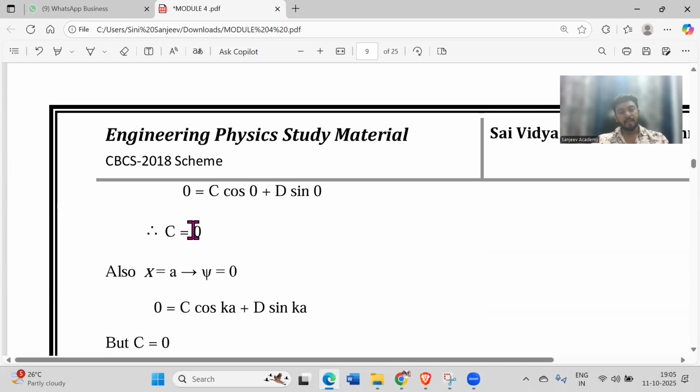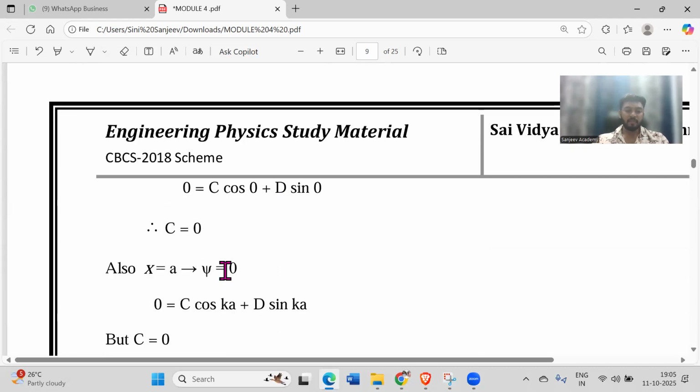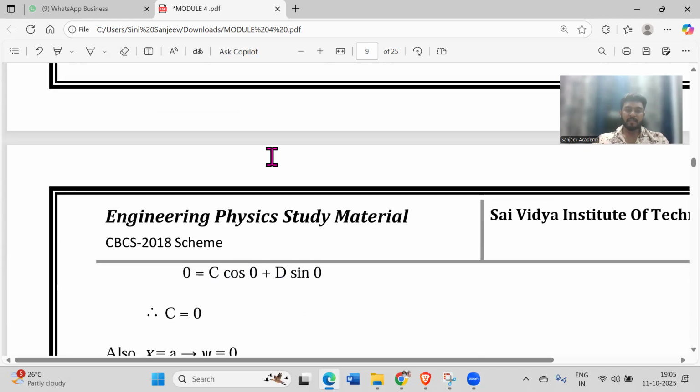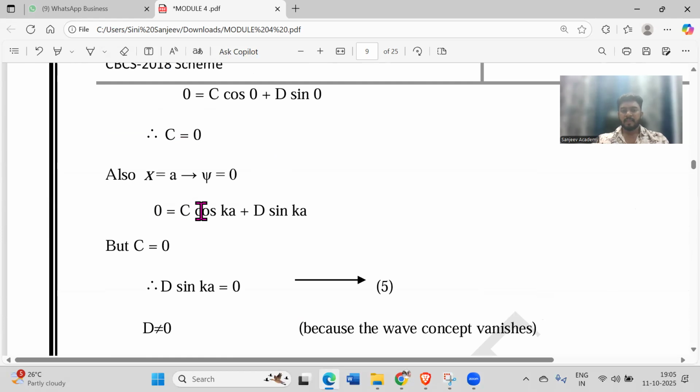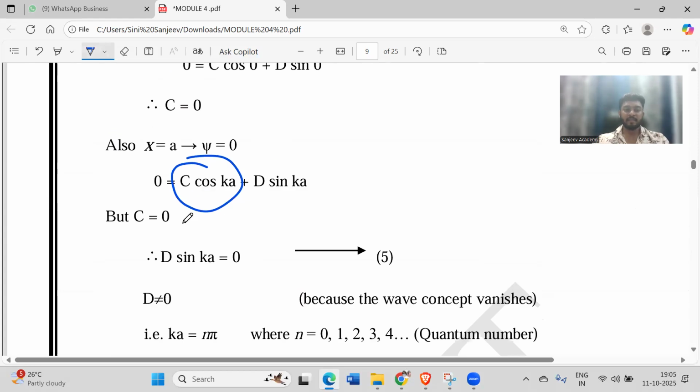Next. At x is equal to a, psi is equal to 0. So wherever x is there in this equation, put a. That's all. Psi value 0 only. Then this c is equal to 0, whatever I got, right? That you put here. So this full thing is 0. So I got what? D sine ka is equal to 0.